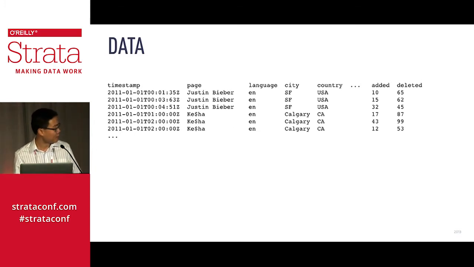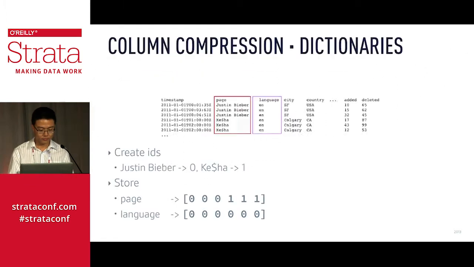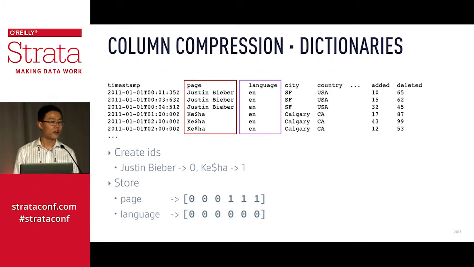So I have a pretty simple data set example there. There's basically a timestamp column and a couple of other columns and metrics. Druid fundamentally is a column store, so each column in our data set is stored separately. If we examine the page column in the example, what we can do with the values in the page column is map each value to an integer ID.